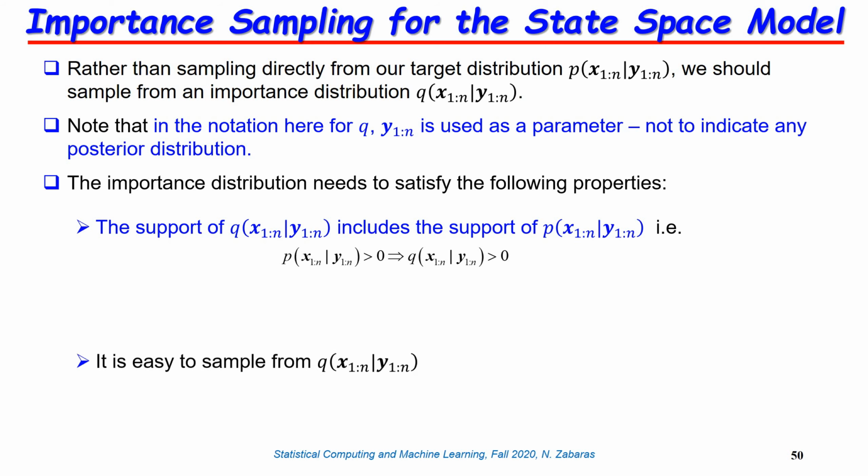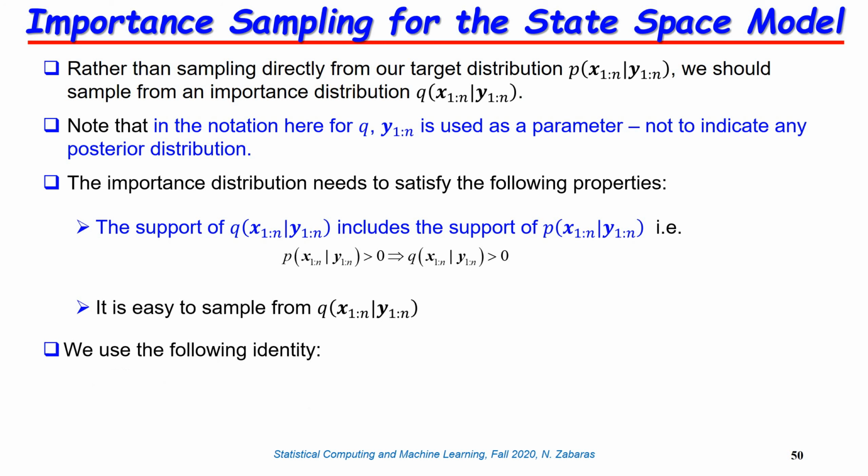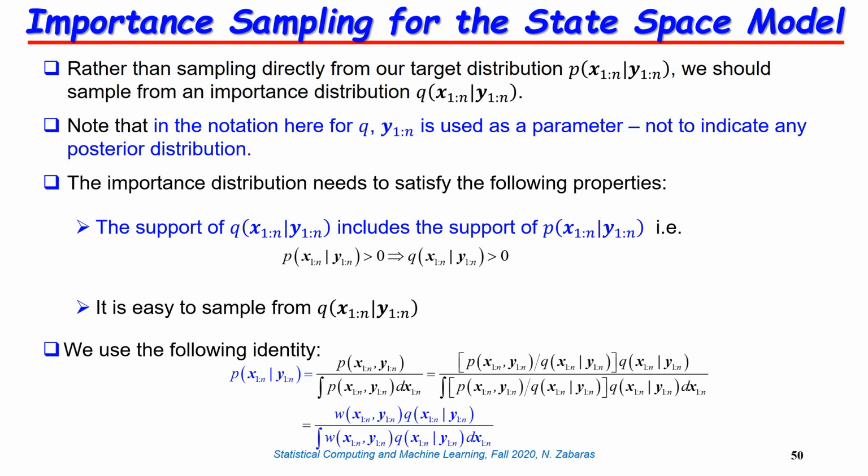And I'm going to use the identity that I discussed extensively a few minutes earlier, and that identity is that my target distribution can be written as the product of my unnormalized weights times my importance sampling distribution divided by this normalization that you see on the bottom. And as a reminder, what is little w?